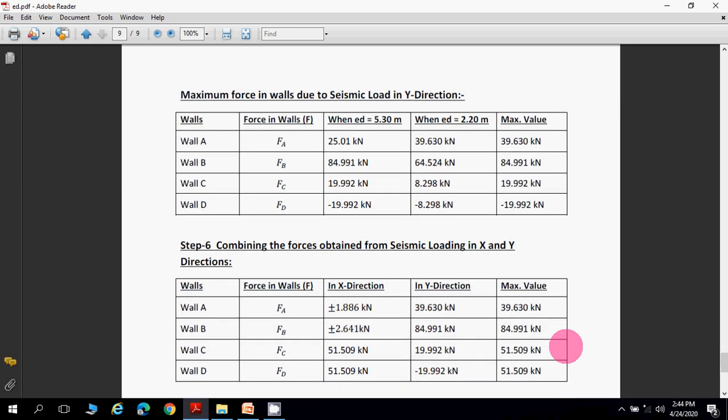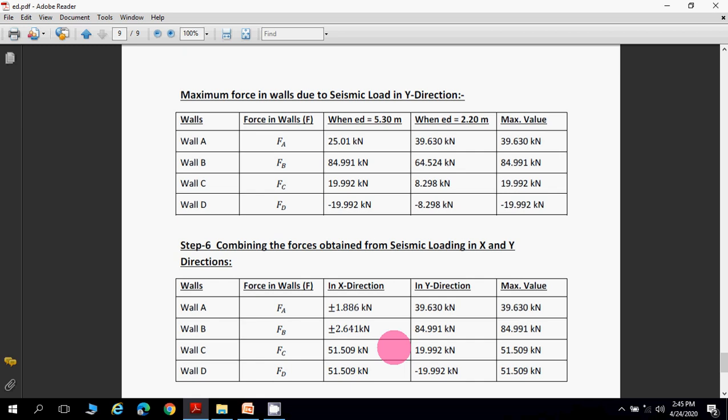After combining all the forces obtained when the seismic load is in the x direction and in the y direction, we put the values here. For the forces in the x direction, the total lateral force in wall A is plus minus 1.886 kilonewton, and in wall B plus minus 2.641 kilonewton.